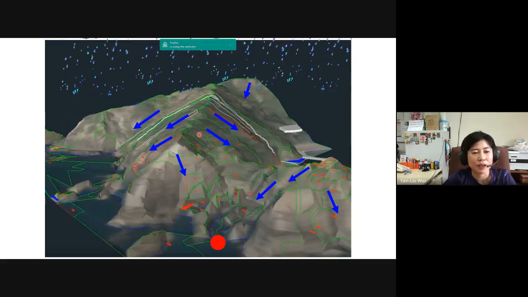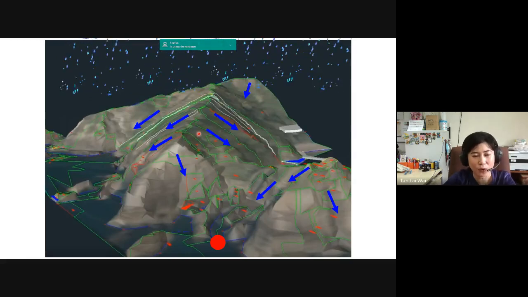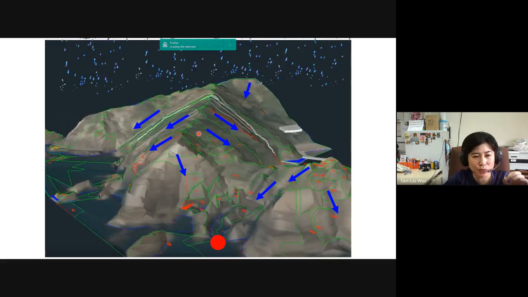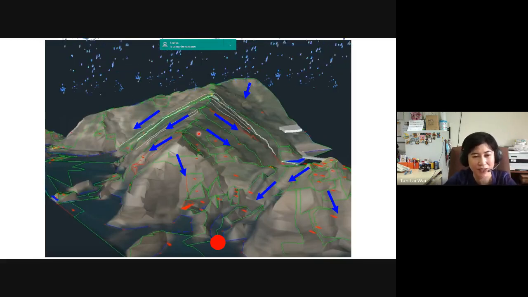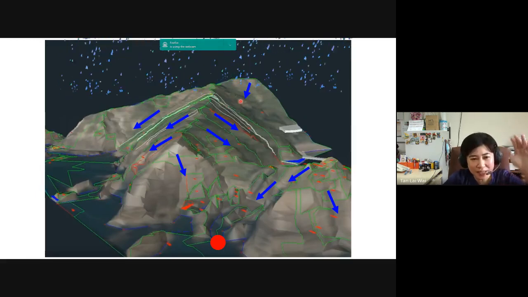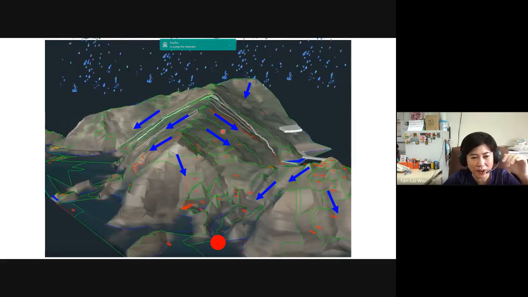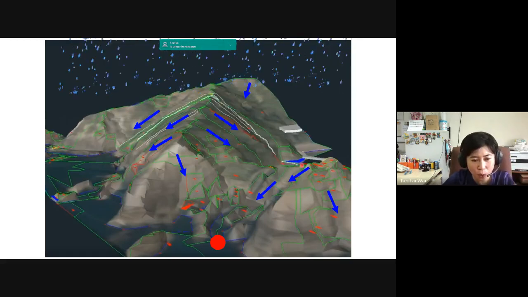Now, the rational method formula is Q equals CIA. Later I'll explain on that. Now imagine all the rainfall that comes down touching the land will flow out.